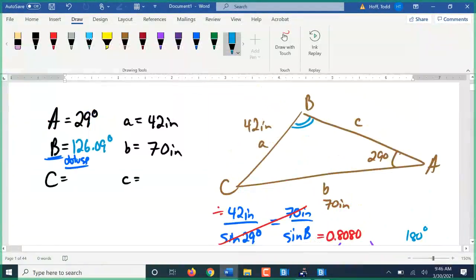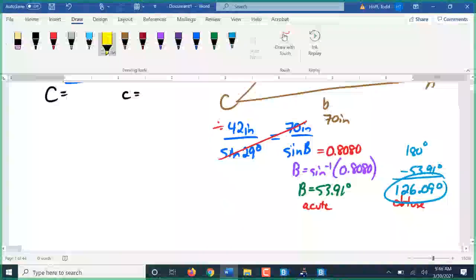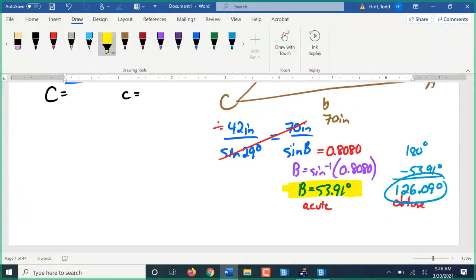In this picture, it seems obvious that B is obtuse, but it's not far off from a right angle. So make sure you know if the angle you're finding is an obtuse angle. You have to take this extra step to take the angle that we find from the inverse sine, and find its supplement to get the actual angle. Because remember, inverse sine only gives us one of the possibilities for that angle. There's always two for an inverse sine.